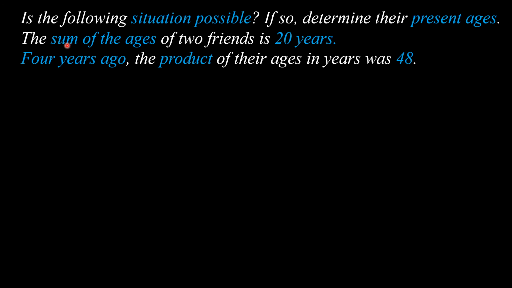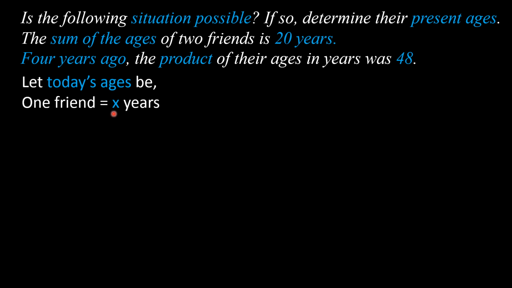Now, sum of the ages is 20 years, so we will assume today's age of one friend to be x years and the age of the other friend will be 20 minus x because the sum of ages is 20 years.